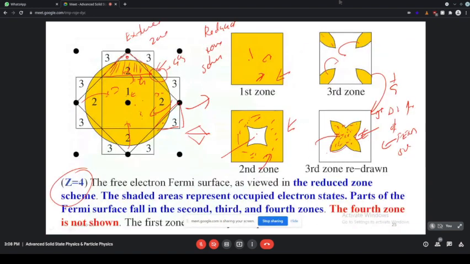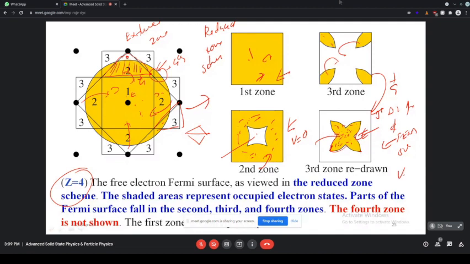If we consider that V is equal to 0, then the Fermi surface of this type of geometry will be pointed in nature.